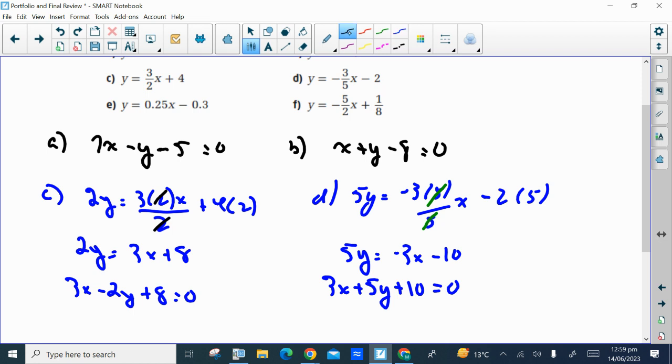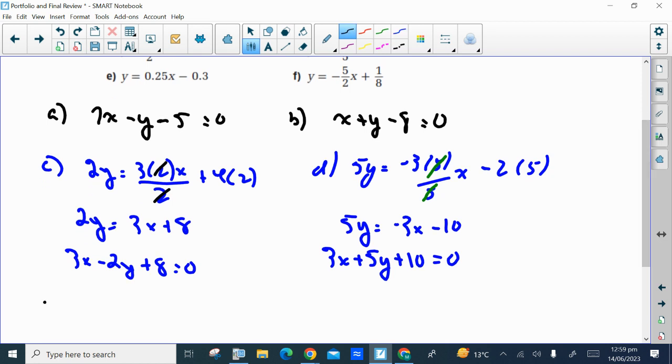Looking at question E, there's decimals there. So the x term has two numbers after the decimal. The constant term has only one. We need to multiply everything by 100 here. 100 has 2 zeros because the biggest decimal, if you want the one with the most numbers after the decimal, has 2 numbers after the decimal.